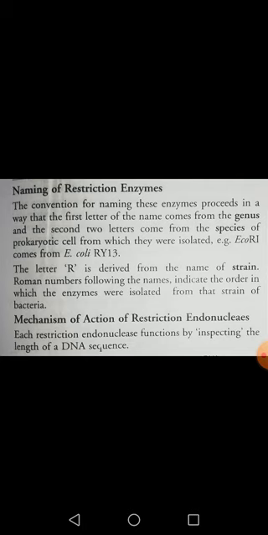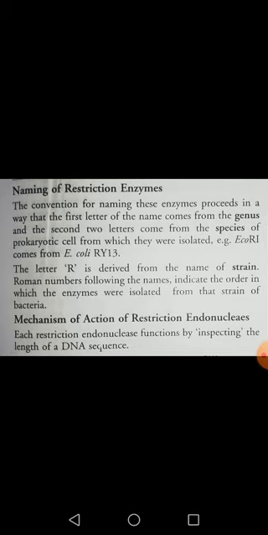Now I am going to tell you about the fourth letter. The fourth letter comes from the name of the strain. Whatever strain we are using to culture that bacteria, we provide a particular name to that strain, so from that strain's name, one capital letter comes. For example, I am giving you one example of a restriction enzyme, and the name is EcoRI.